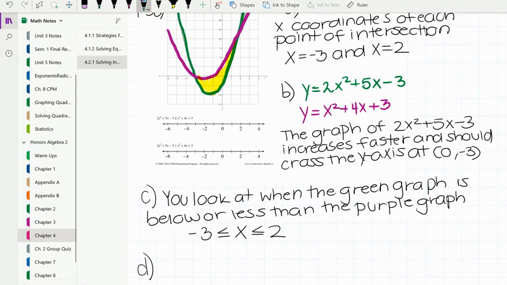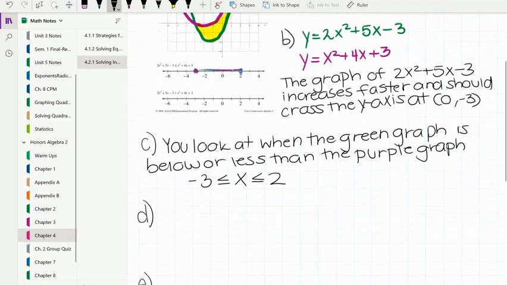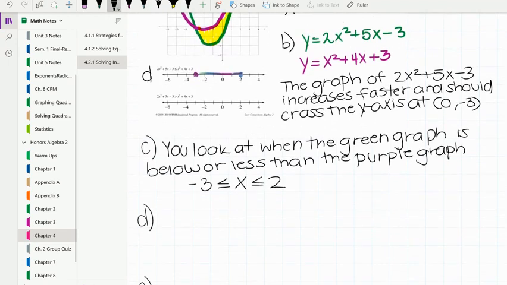We want to show -3 as a solid dot and 2 as a solid dot, and just highlight everything in between, showing that the solution is true between -3 and 2, including both of those numbers. I'm going to label that D.